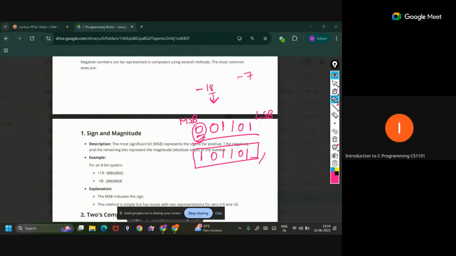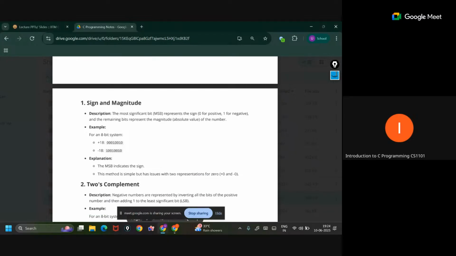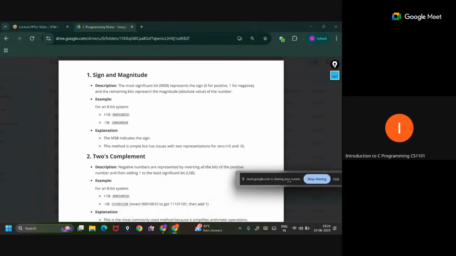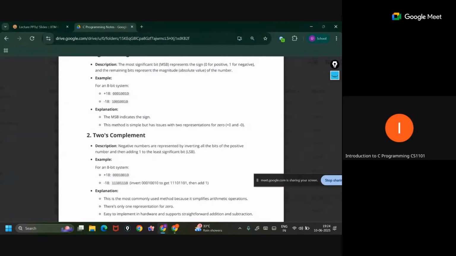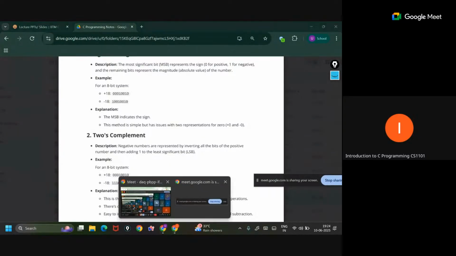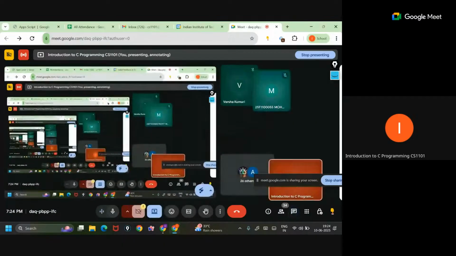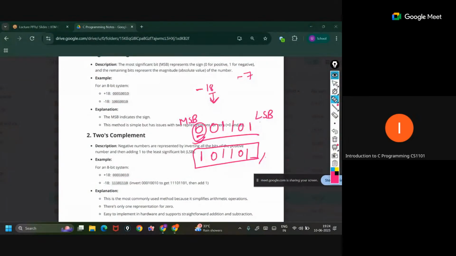Or else what we can do is take a 2's complement. Do you all know what is 2's complement? Can anyone say what is 2's complement? Okay, I'll tell you people. Let's say the number is 000101.